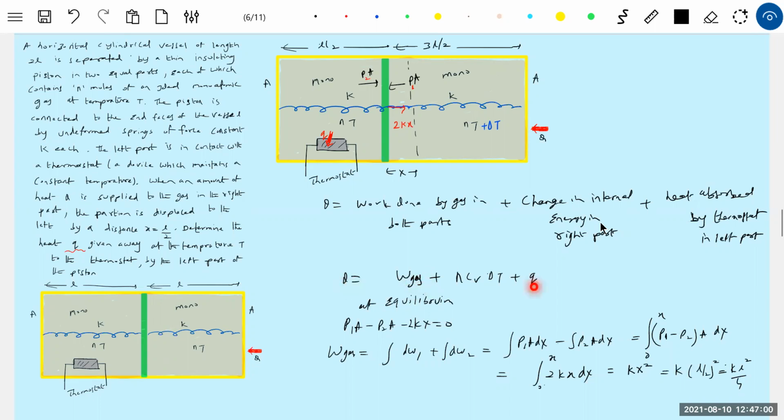Okay, I got the work done by the gas here. Q is what is given. Somehow the change in temperature is needed. Change in temperature in the right part. How to bring that one? Shall we take help of the number of moles?